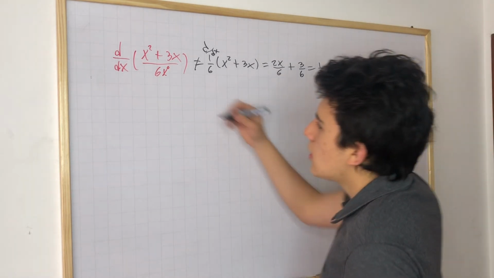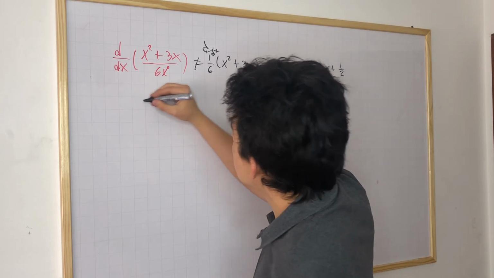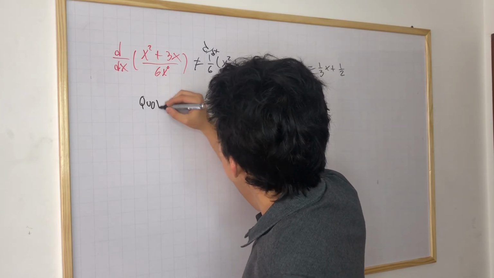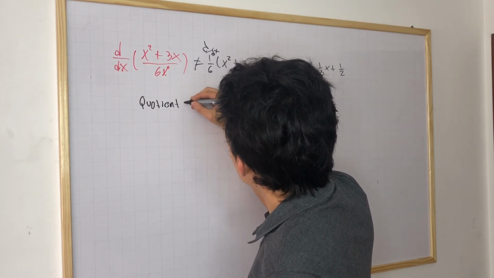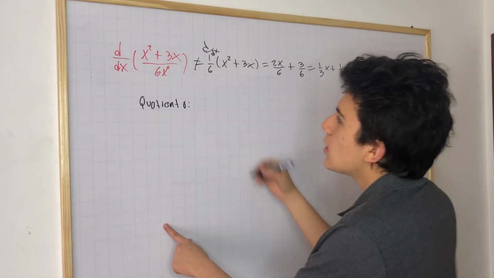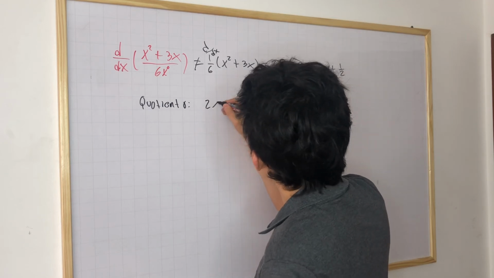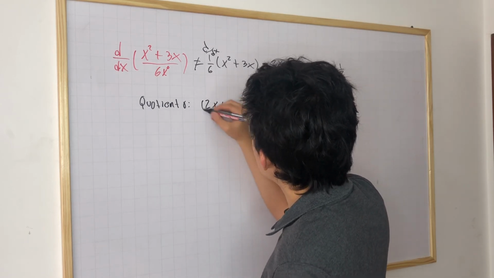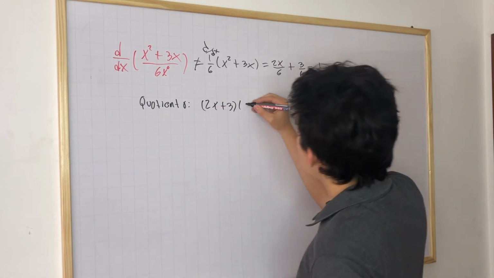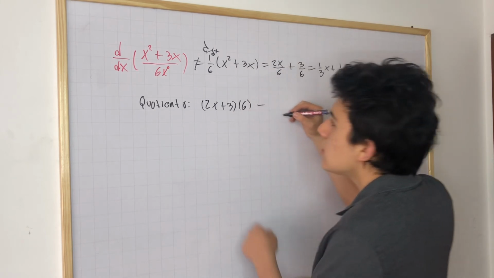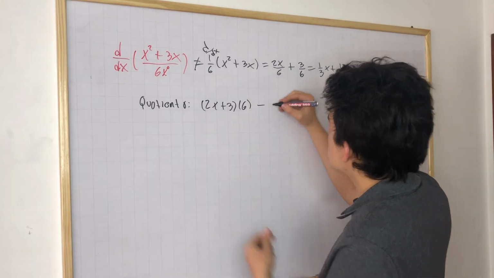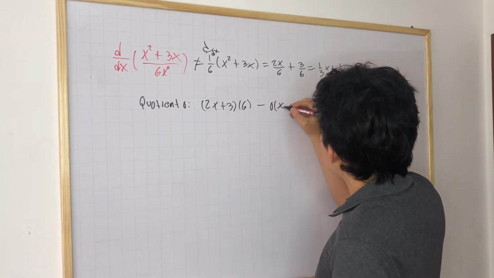So let's do it. Now if we use the quotient rule, let's see how much we get. So we know the derivative on top, which is 2x plus 3, times what we have on the bottom, so that's just going to be 6, minus the derivative of the bottom, which is just going to be 0, times the top.